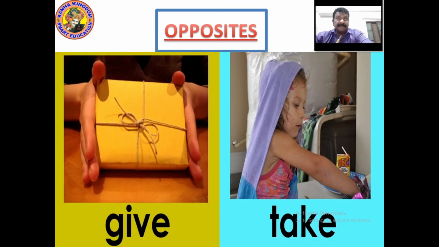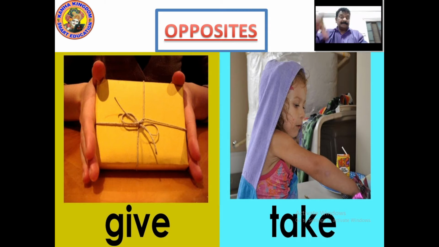Now look at the screens. Give. He is giving something, with two hands. Give means if I am giving something to you, with my two hands I will give it. Take means take it on your own. When you want something, you will say go and take. Take means you have to go and take it by yourself.